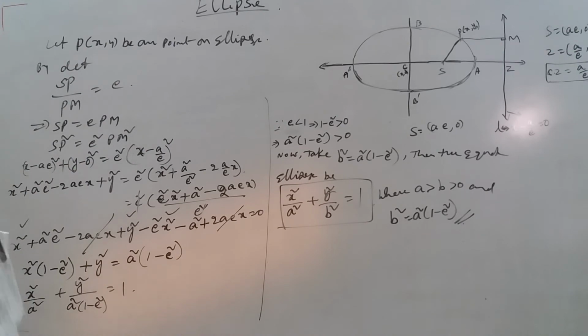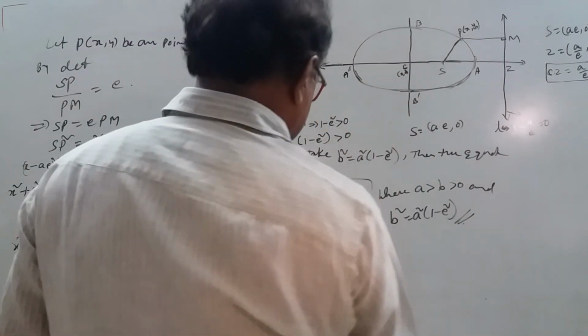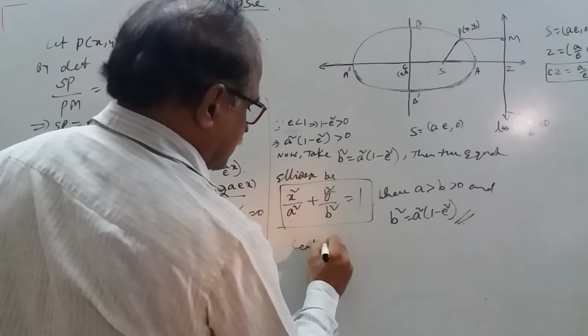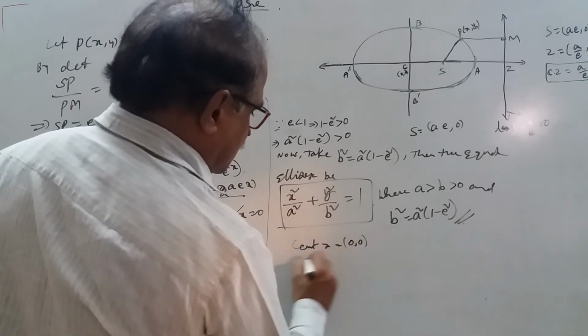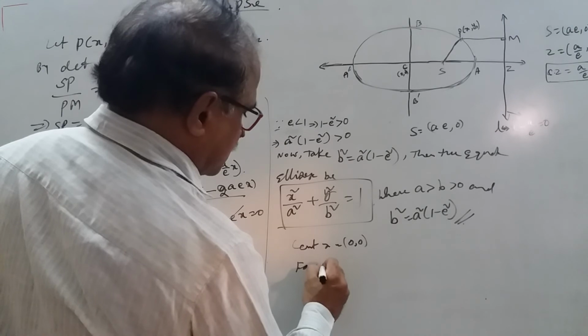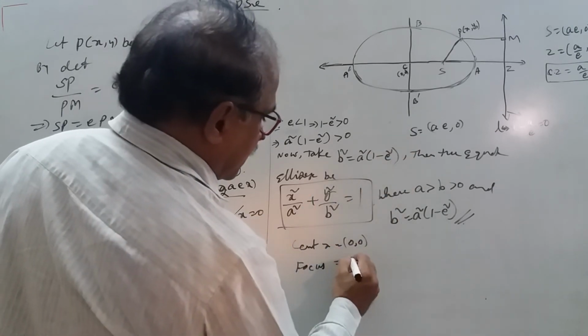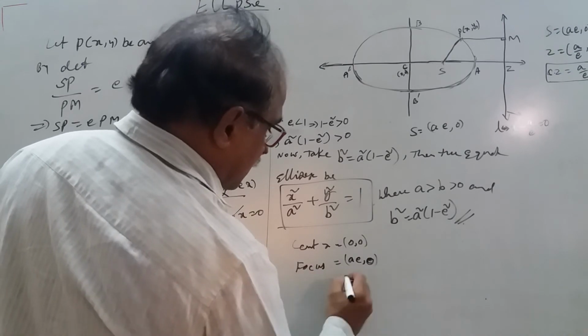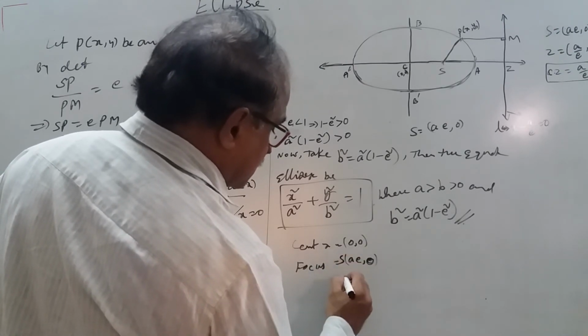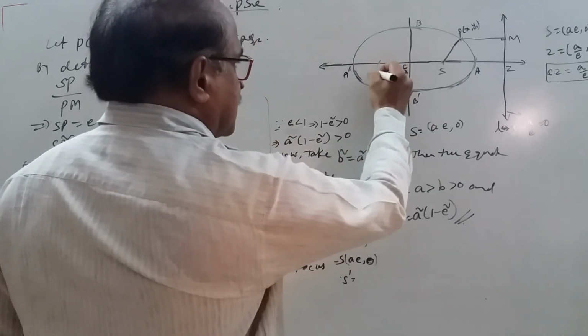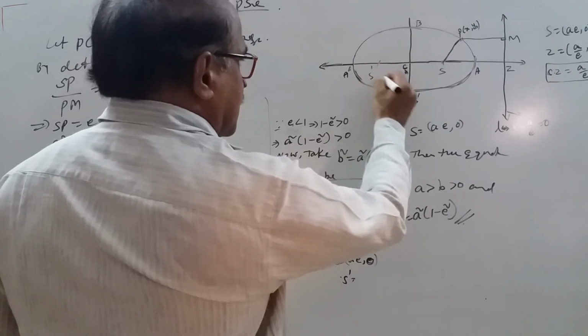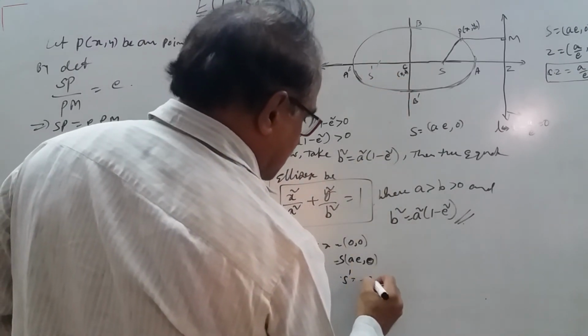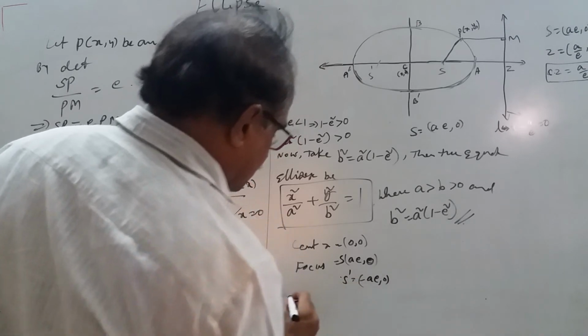Here, this is the standard form where C is the center (0, 0), the focus S is (ae, 0), and e is the eccentricity. This S dash, on this side, is (minus ae, 0).